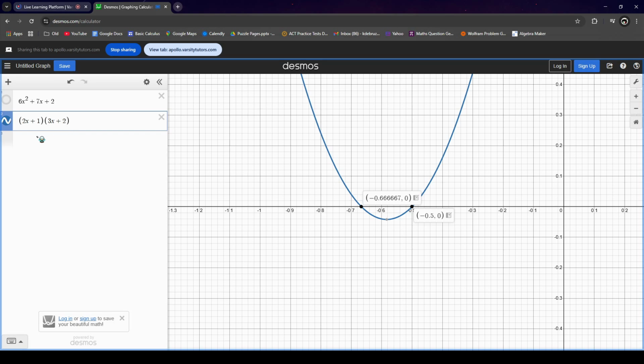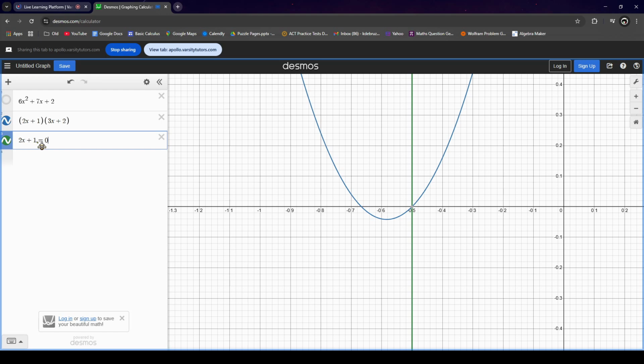If we set each of these individual brackets equal to 0, so if we say 2x plus 1 equals 0, what would this be if we solved for x? What would the number be? 2.